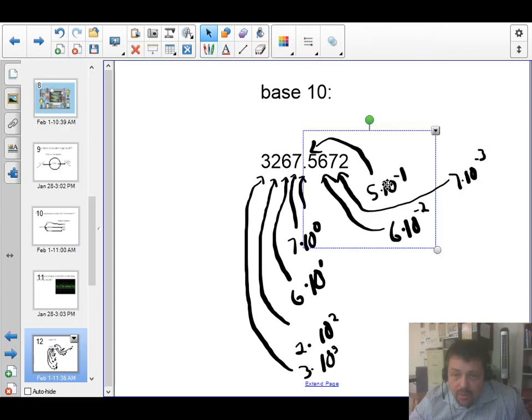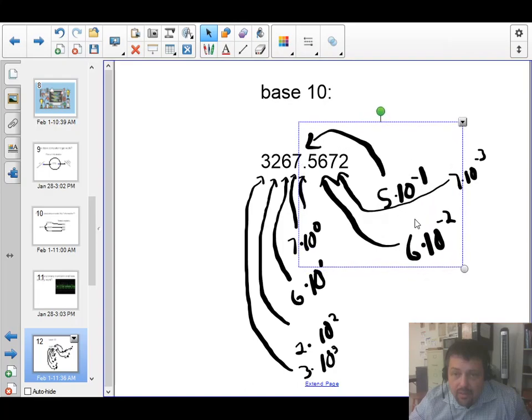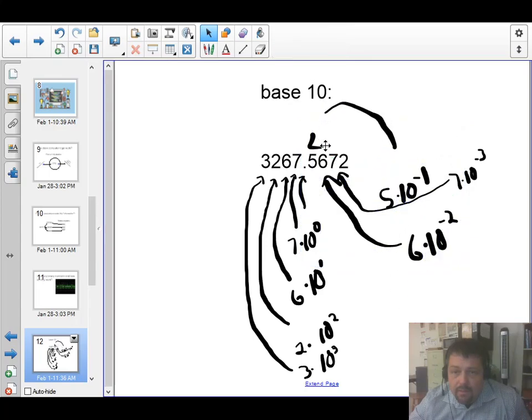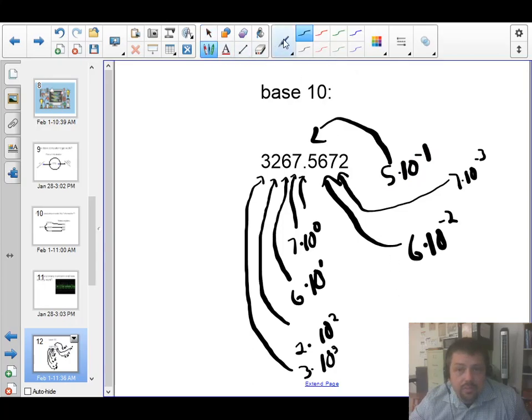Let me fix that. Okay. There we go. That should do it. And then the 2, the last one here, is 2 times 10 to the negative 4th.